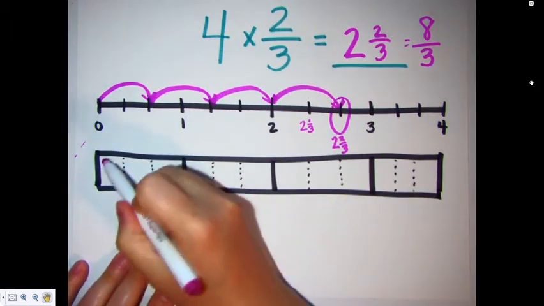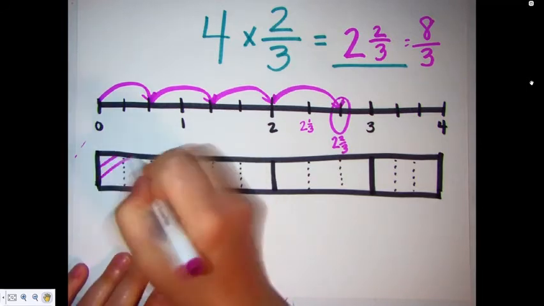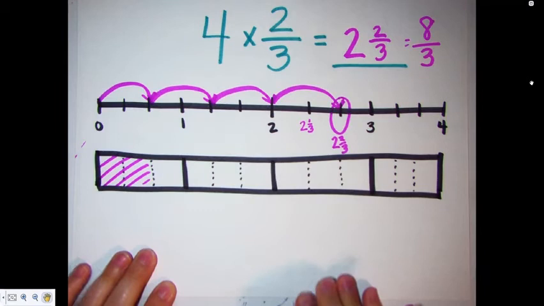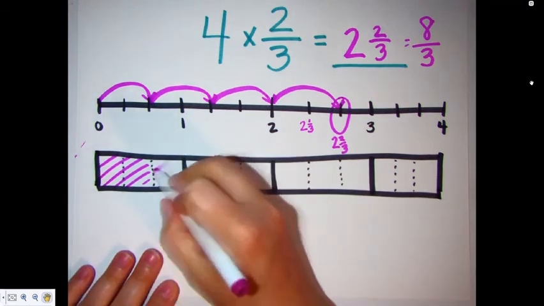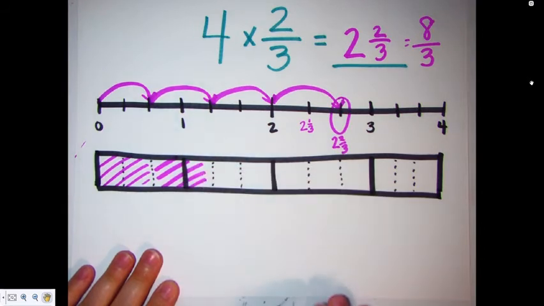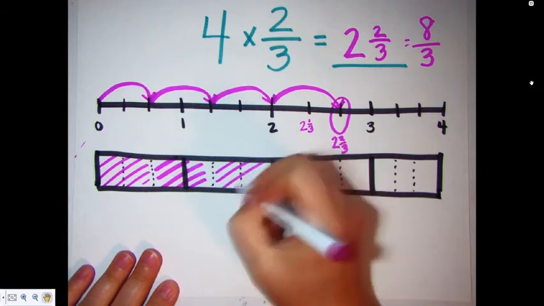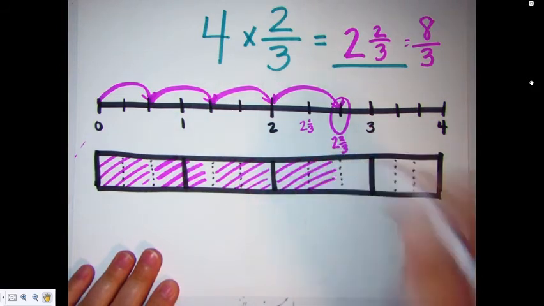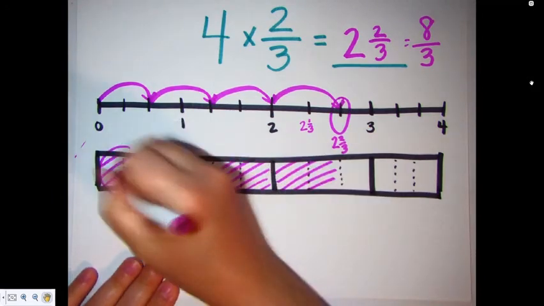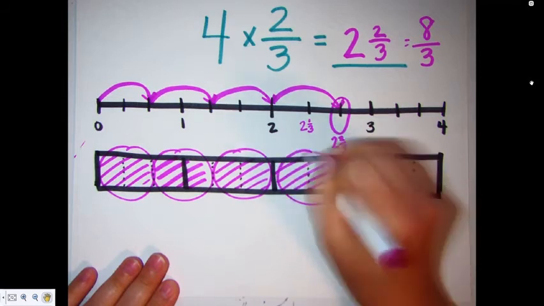So this will be 2/3 right here. That's one group. This will be 2/3, two groups. This is 2/3, three groups, and then right here is 2/3, four groups. So I have 1, 2, 3, 4.